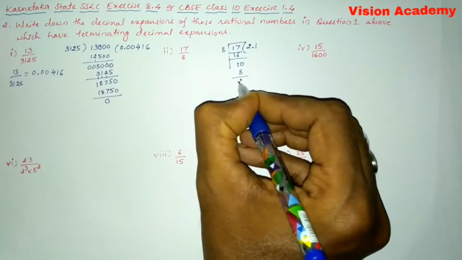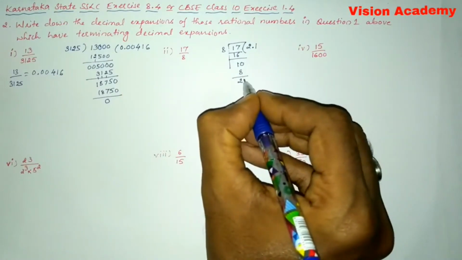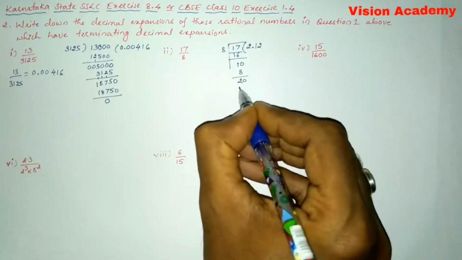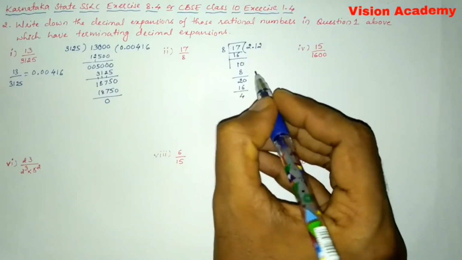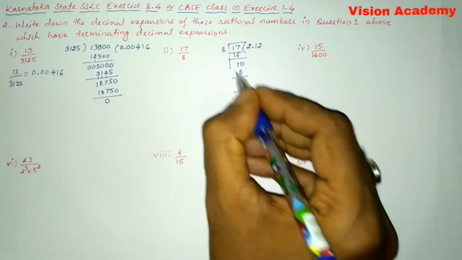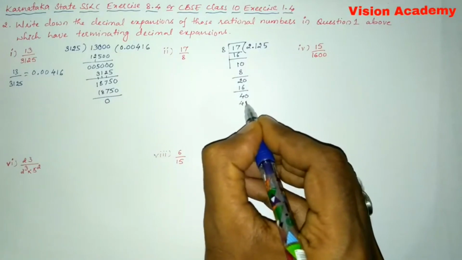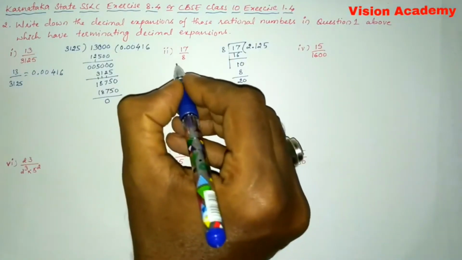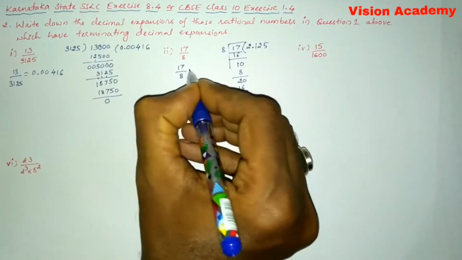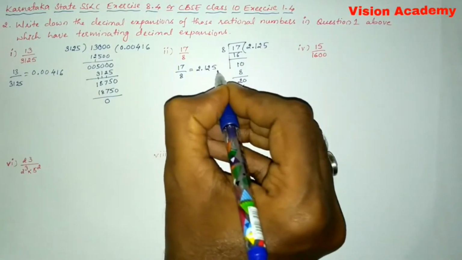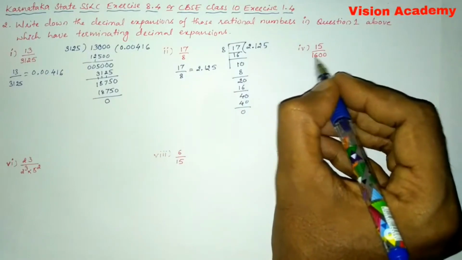So we'll remain with 2 here. Again take one more 0. It will become 20. So 8 2s are 16. So we remain with 4. Now take one more 0. It will become 40. 8 how much are 40? Here 8 5s are 40. Remainder is 0. Now we can write 17 divided by 8 is equal to 2.125.